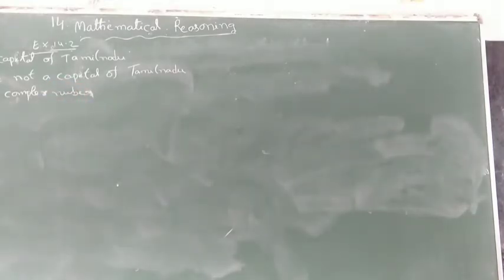The negation, not P, is: Root 2 is a complex number. So the negation of a negation gives back the original. A complex number's negation is not a complex number, and a not-complex number's negation is a complex number. Clear? Next.